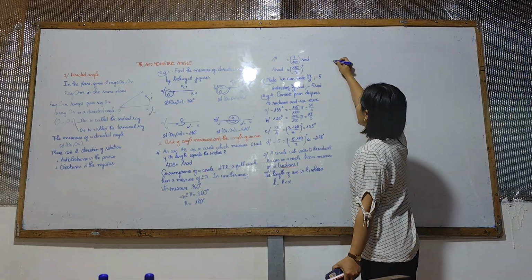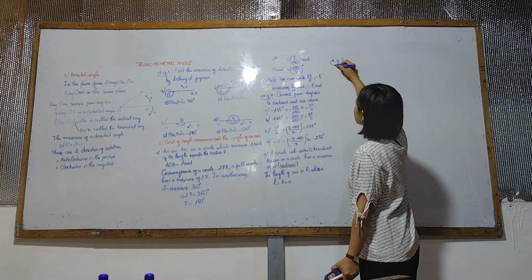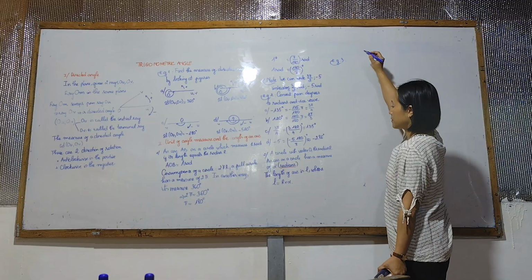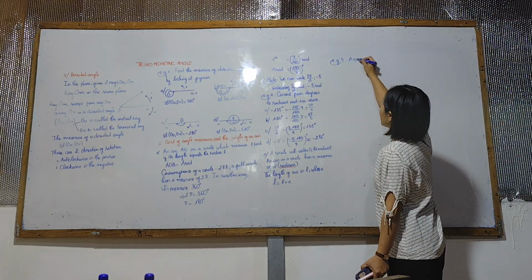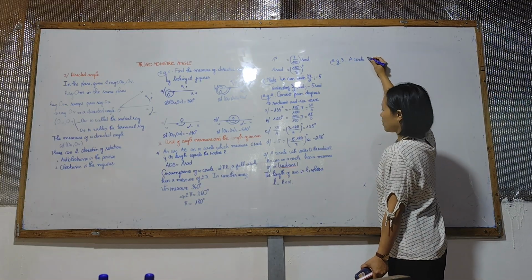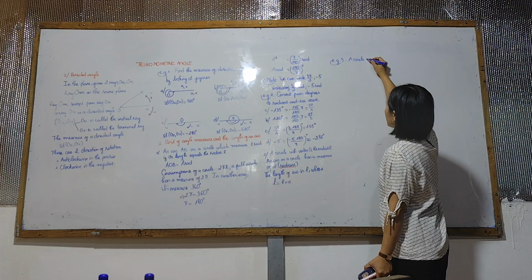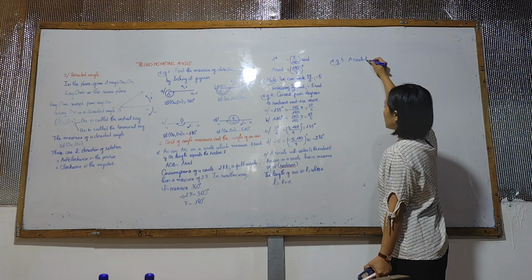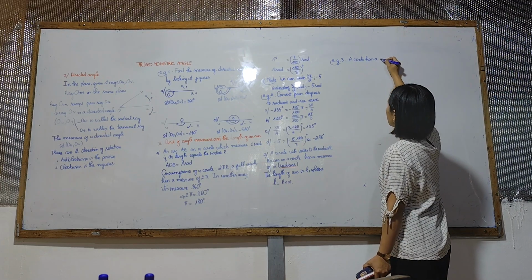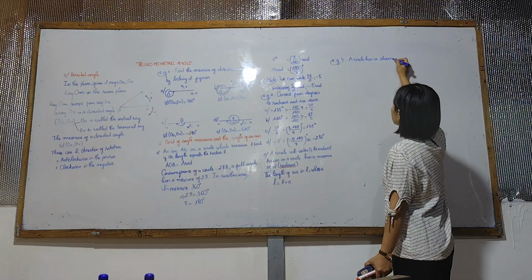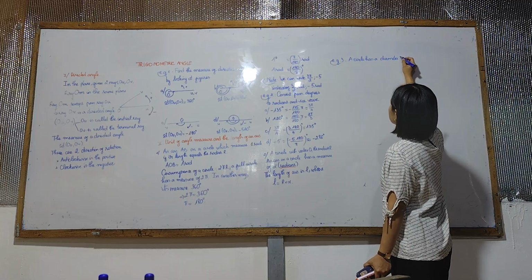And we have example 3. A circle has a diameter of 12 centimeters.